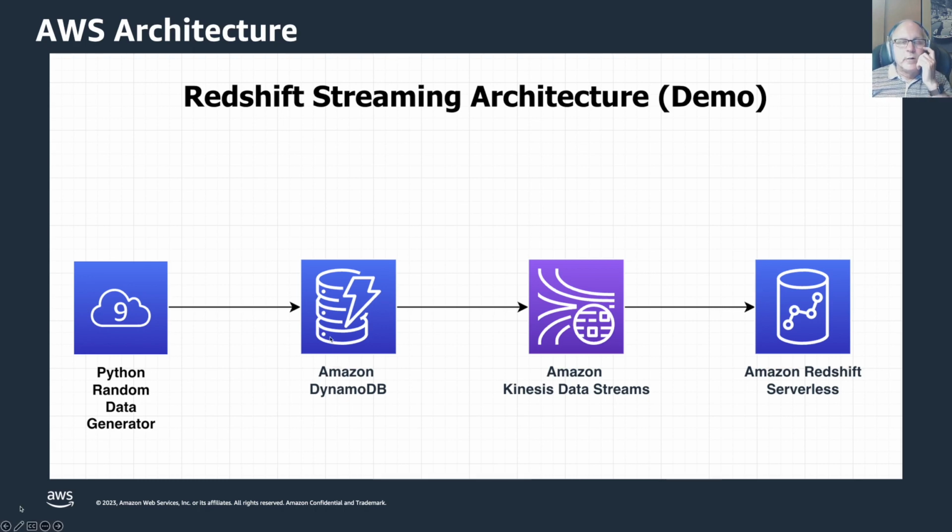As you'll see in a moment, with the data we have coming in, it's ideal for DynamoDB. We're going to create a stream in DynamoDB and stream that data into Amazon Kinesis Data Streams, which is our streaming service. And then from there, we're going to push it forward directly into Amazon Redshift serverless. So there won't be any stopping in S3 and batching the data up. All this will be end-to-end, and it'll be happening in near real time.